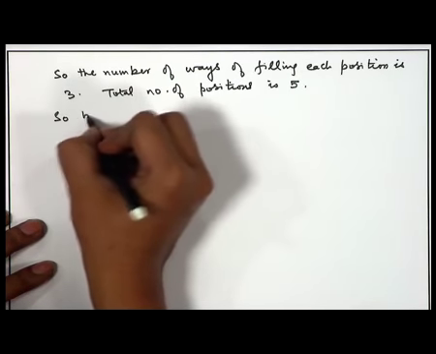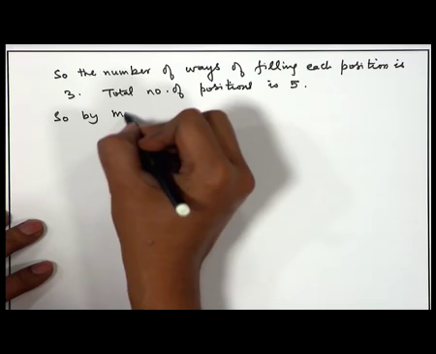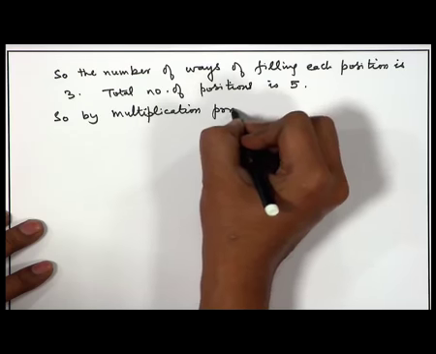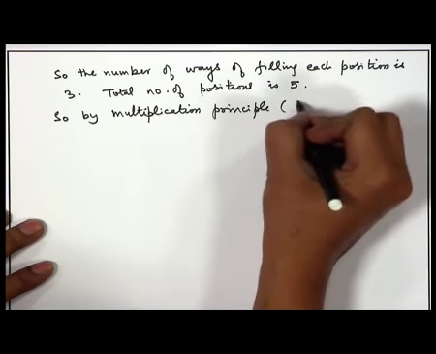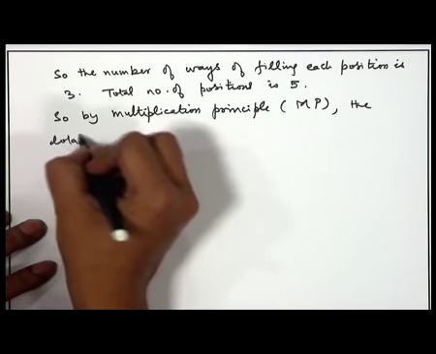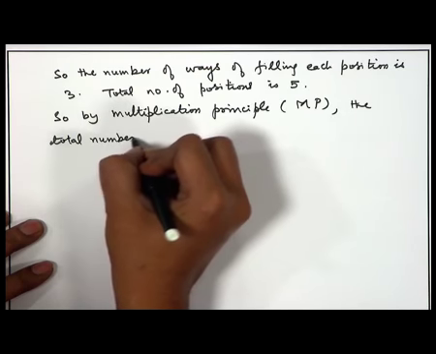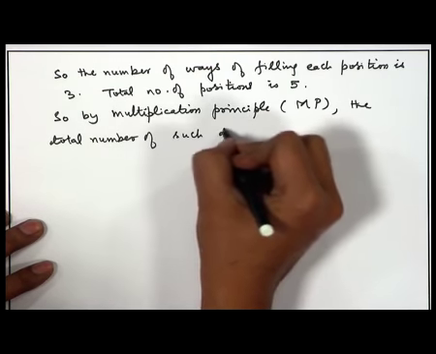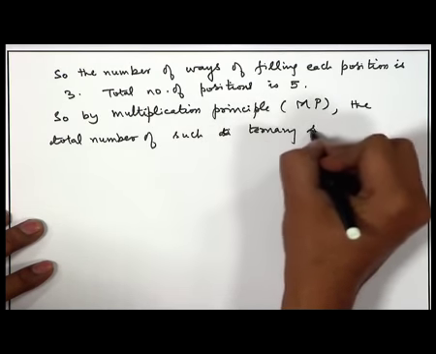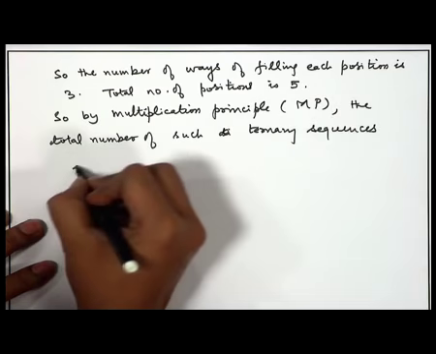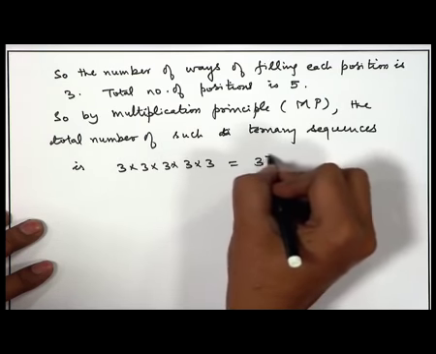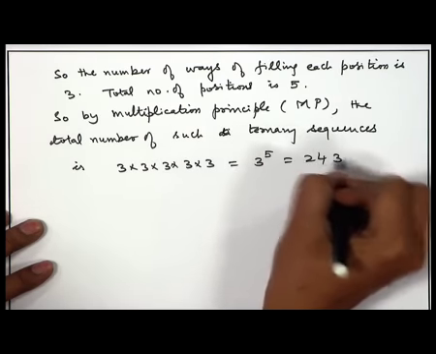So, by the multiplication principle, in short I can use MP, the total number of such ternary sequences is 3 into 3 into 3 into 3 into 3, that is 3 to the power 5, that is 243.